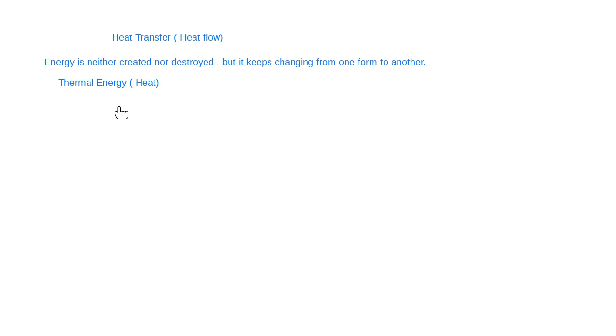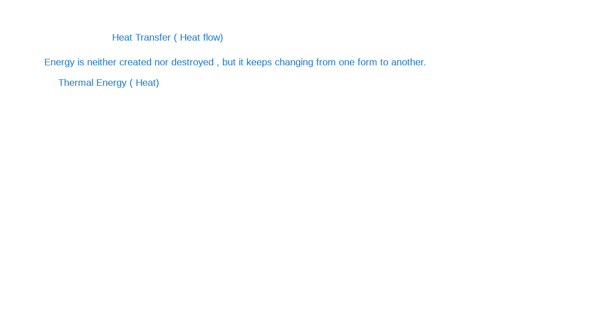In chemical engineering applications, you will notice, guys, that in heat exchangers, heat is transferred from one fluid to another fluid.